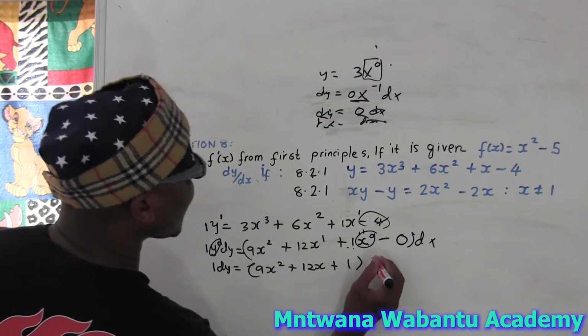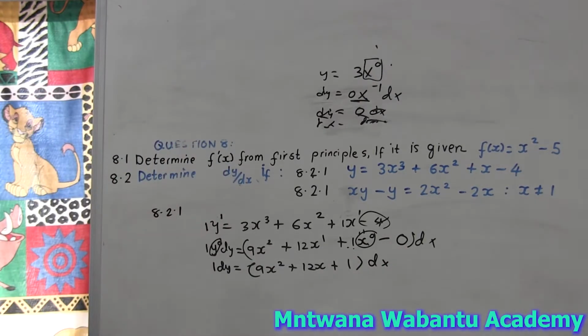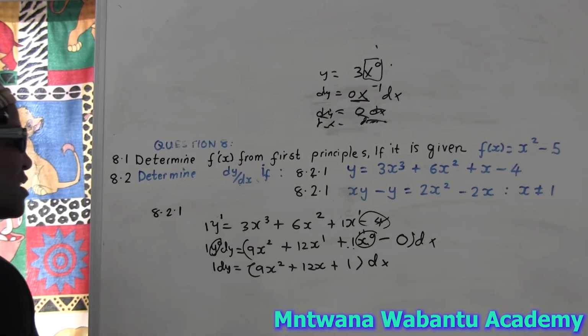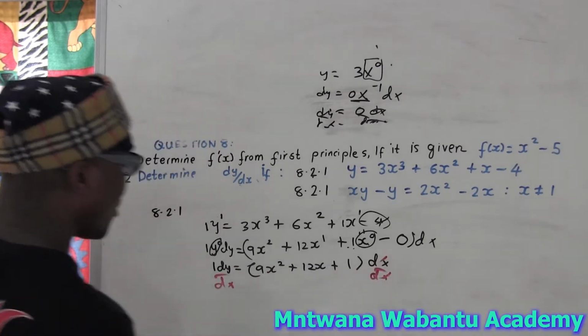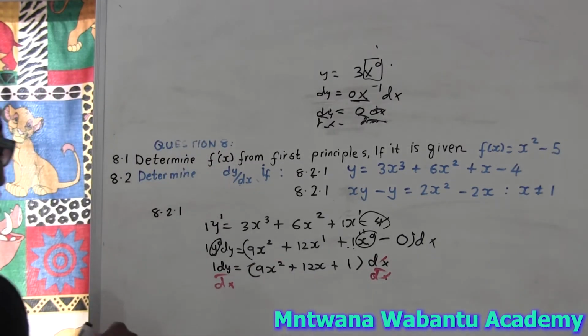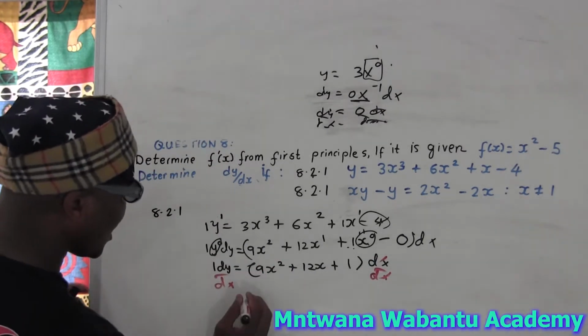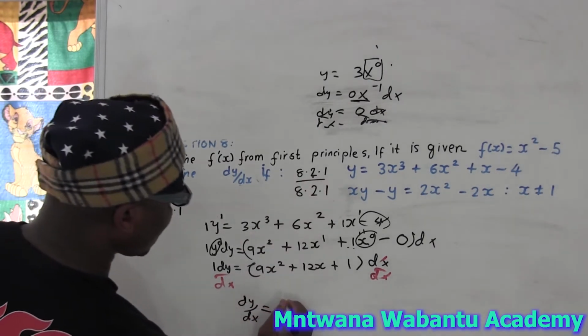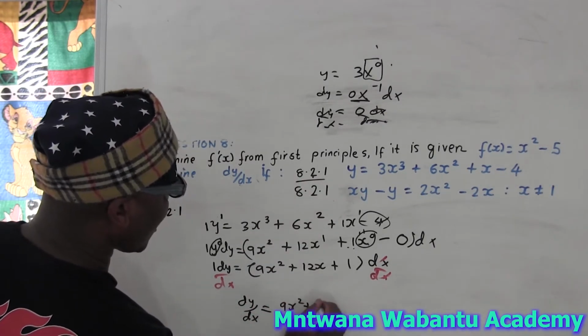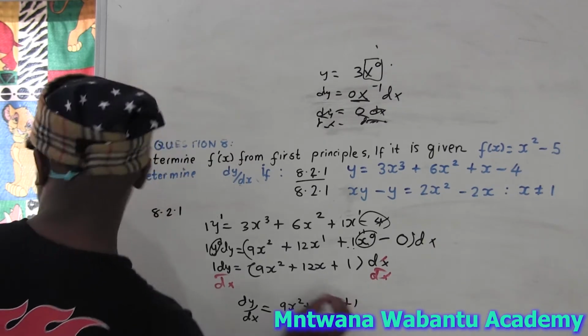So how do we differentiate x? You must give respect dx. So we want to get dy/dx. How can you get dy/dx? Divide by dx, and divide by dx. This and this go. So dy/dx equal to that, baby. Okay. So dy/dx on 8.21 equal to 9x squared plus 12x plus 1.